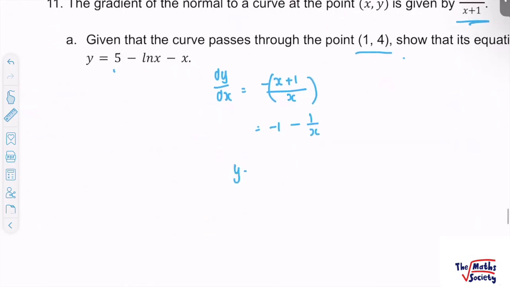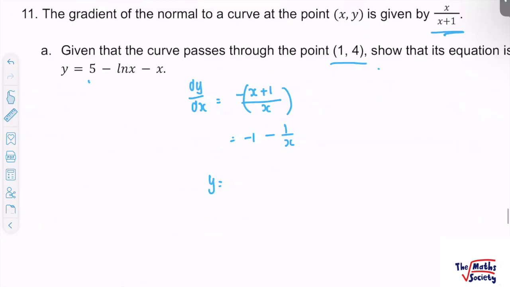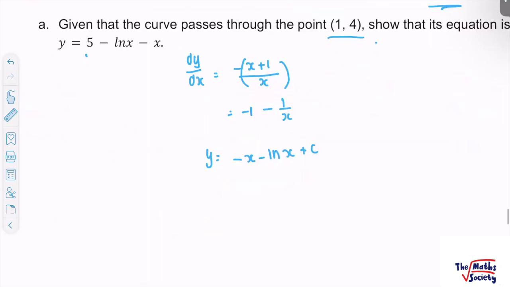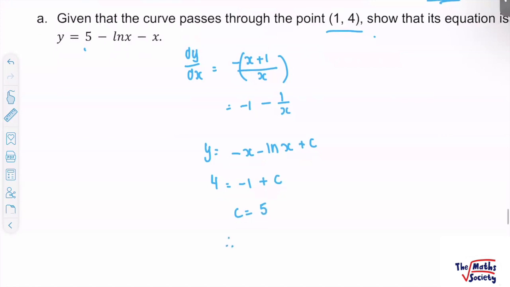So y is going to equal 2 minus x minus ln x plus c. And then at 1, 4, ln 1 is 0, so 4 equals minus 1 plus c. C is equal to 5. Therefore, y equals 5 minus ln x minus x. And that is shown.